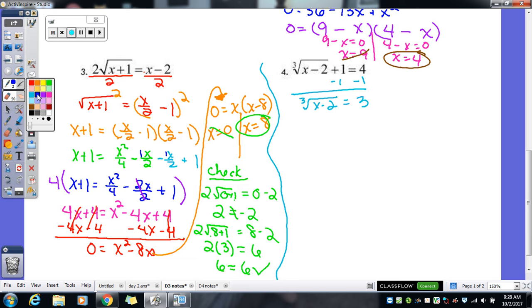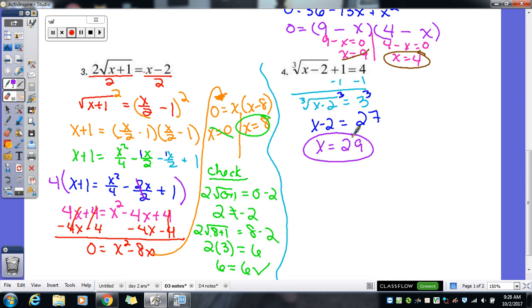We just have a single number 3. So I get x minus 2 equals 27. Then add my 2 over, and we would get x equals 29.